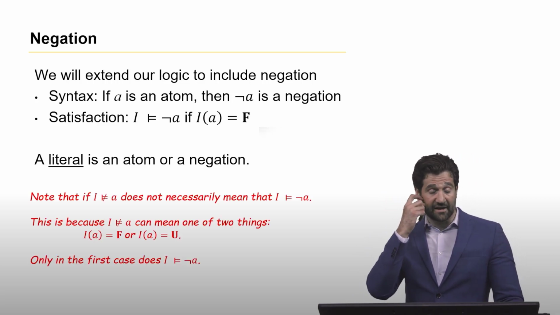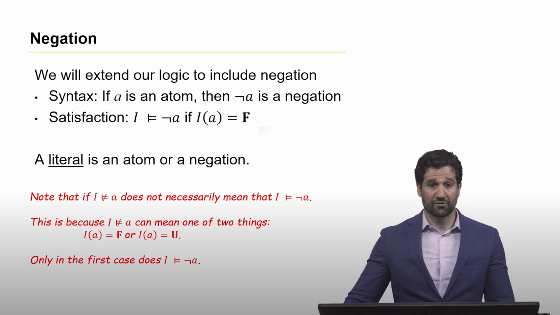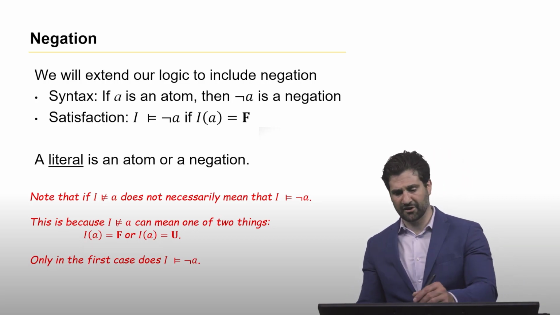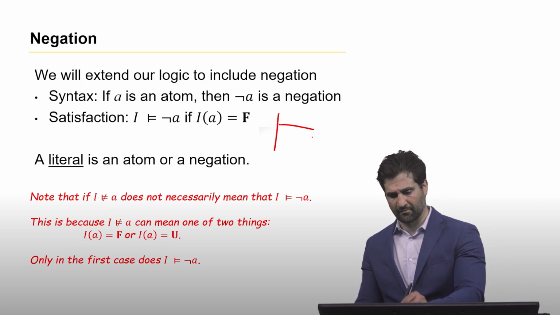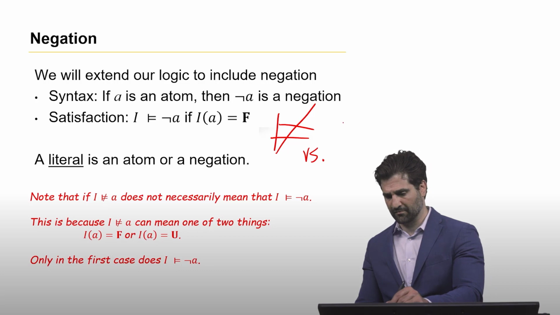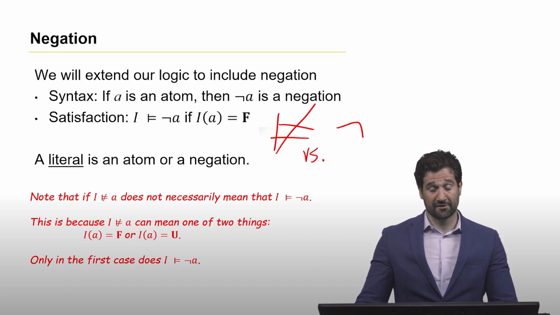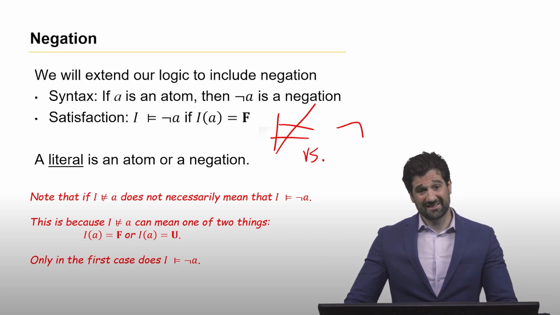Now let's go back to that little point I was making about not models, which is this symbol here, versus negation. Okay? So not models, you might see interpretation not modeling A, and you think, oh, that means that A is not true.